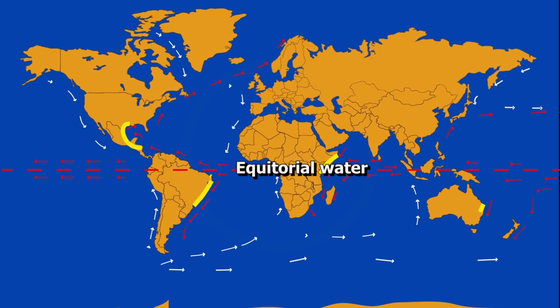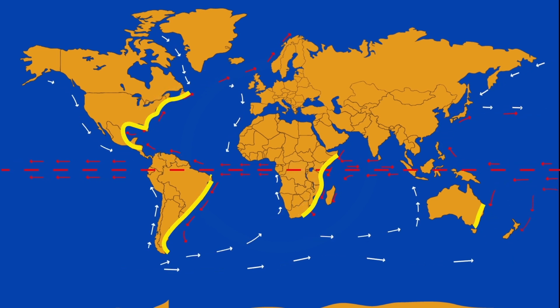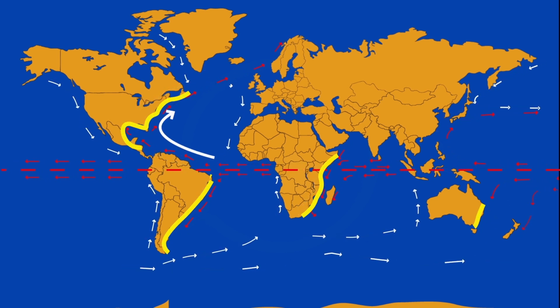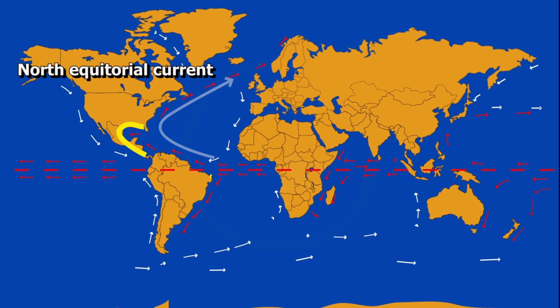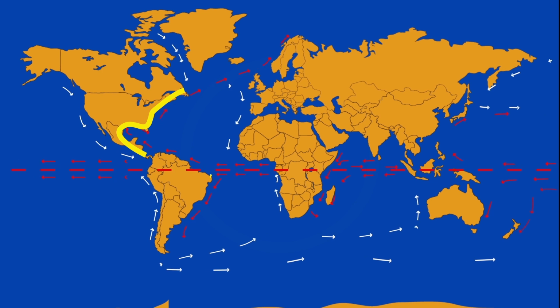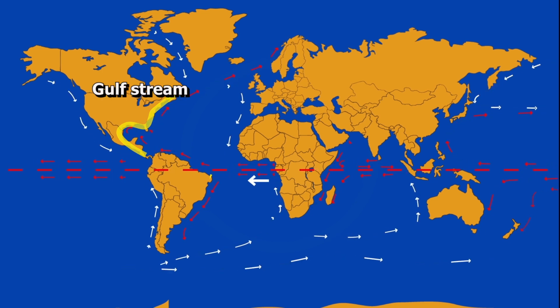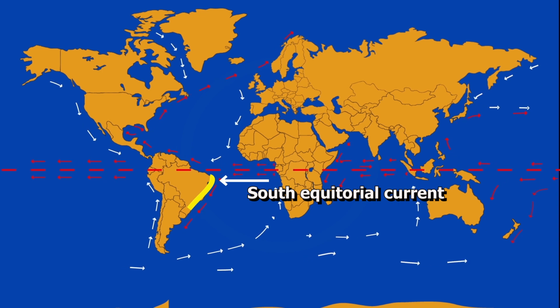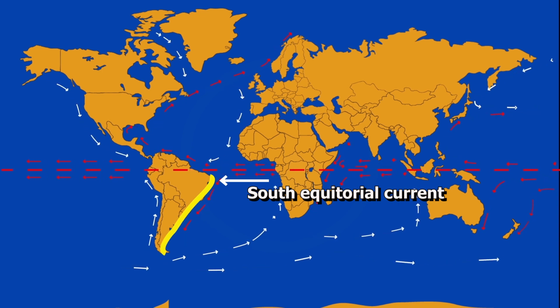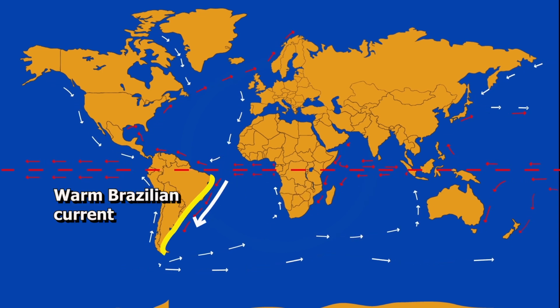They warm the eastern coast of the continent. For example, the north equatorial current warms up the eastern coast of North America as the Gulf Stream, and the south equatorial current warms up the eastern coast of Brazil as the warm Brazilian current.